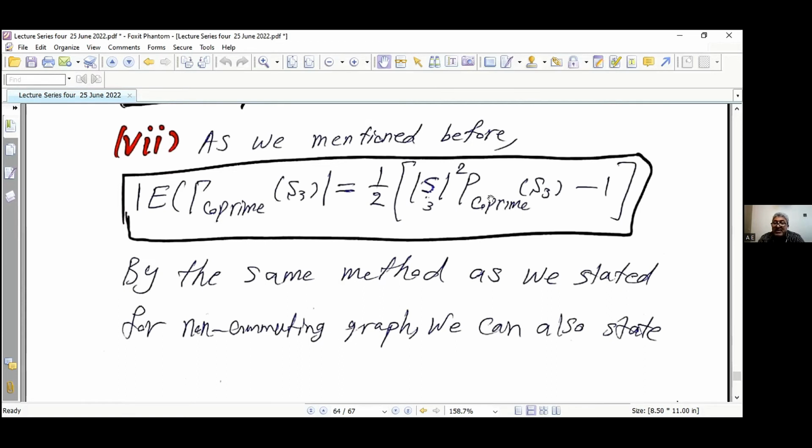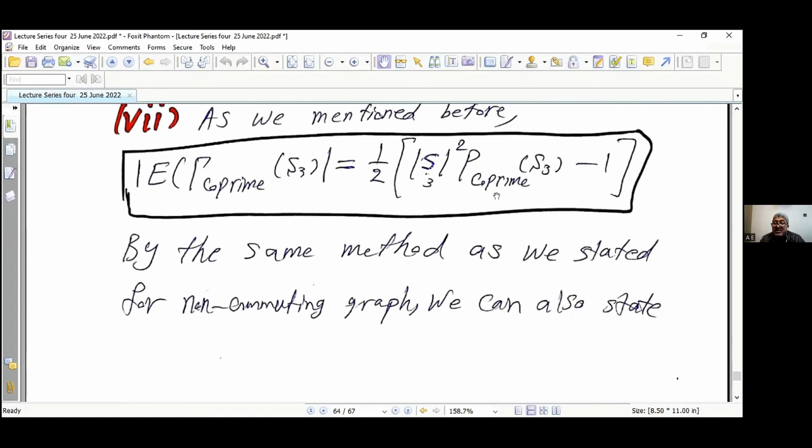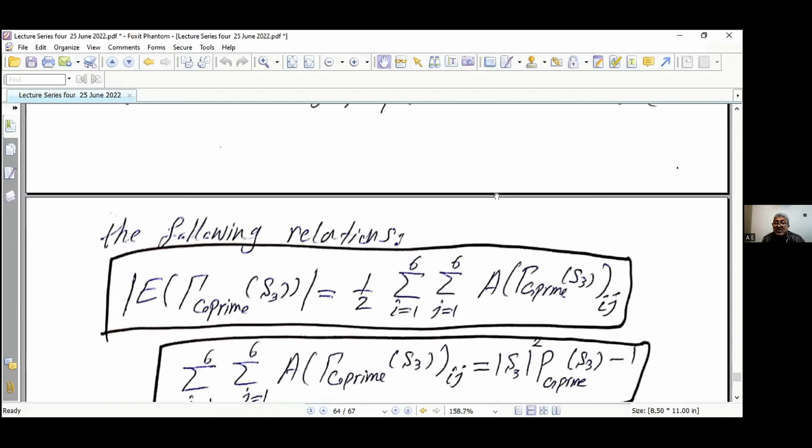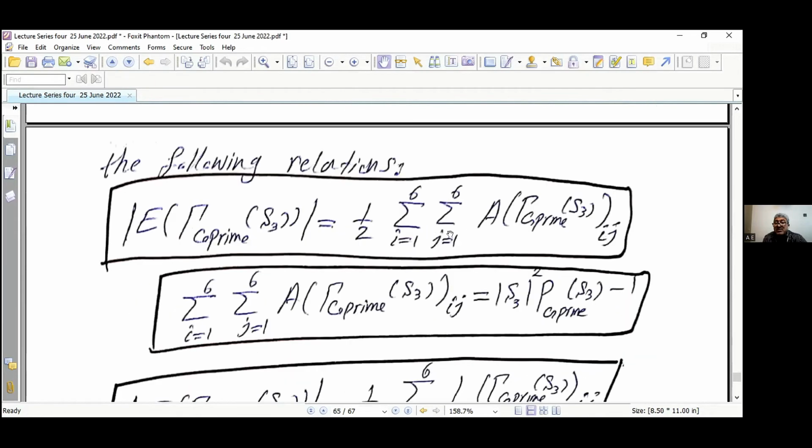So the co-prime degree of S3 we can compute by finding the summation of all entries in the adjacency matrix.